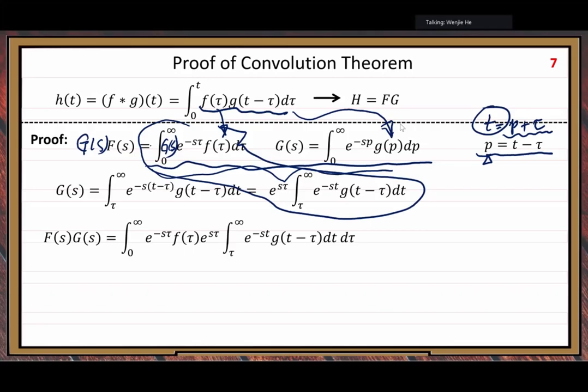Interchange these two integrals: make the inner integral outside and the outer integral inside. Change the order of the two integrals. For a double integral, we can do that. But when we do the interchange operation, we need to check the condition. So there must be some condition.